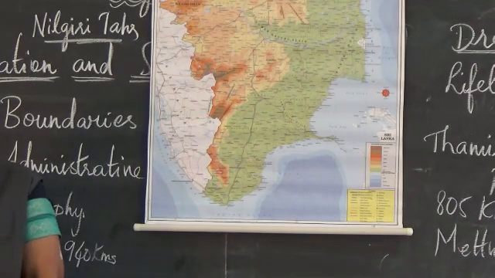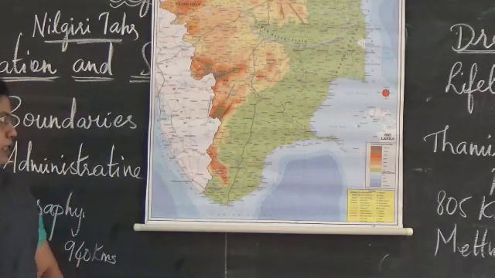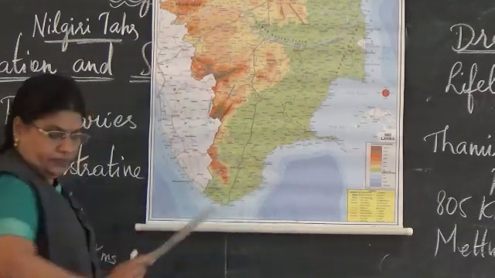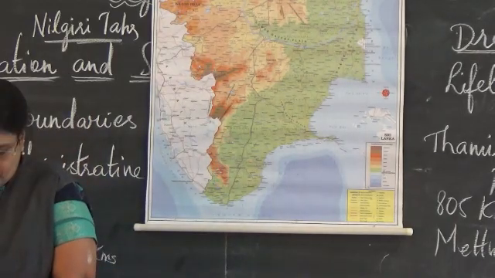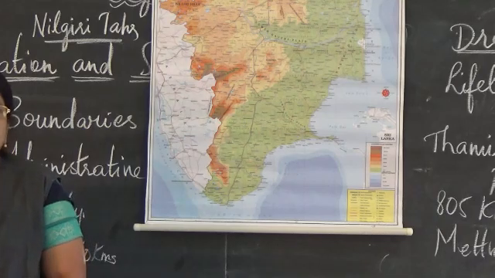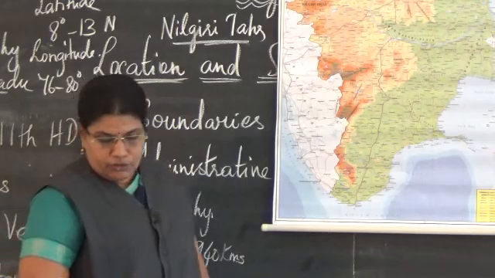It flows through the districts of Tirunelveli and Thoothukudi, and finally it flows into the Bay of Bengal. Karayar, Servalar, Manimuthar, Pachayar, Chittar and Ramanadi are the main tributaries.